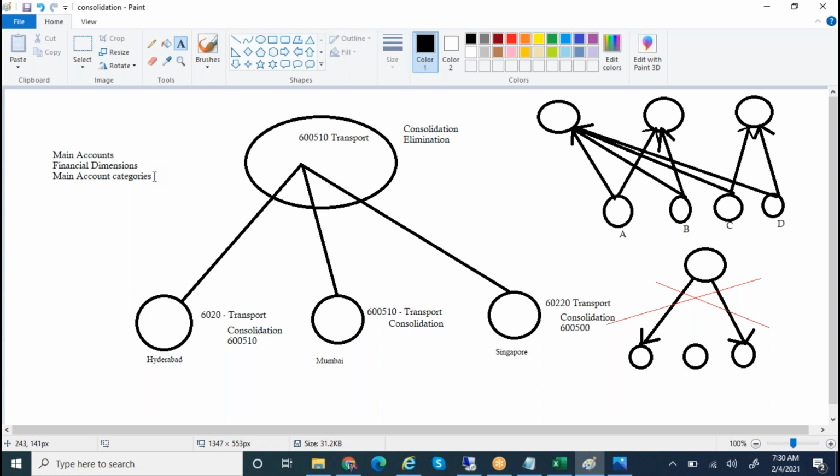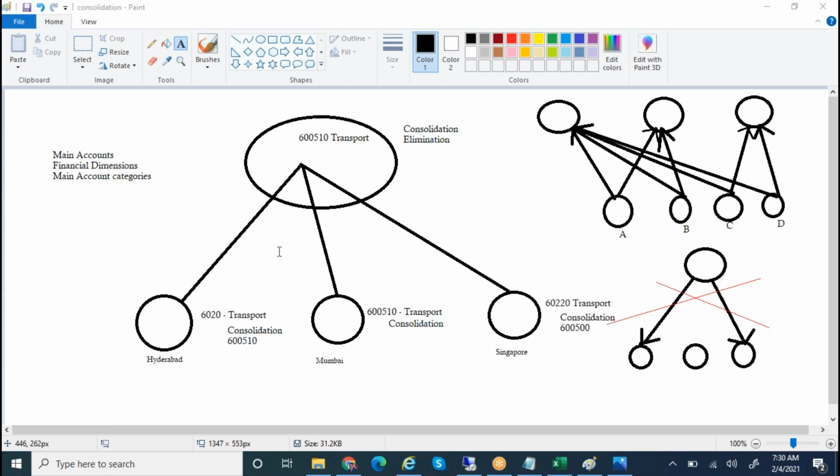Main account categories I will show you tomorrow, very simple. This I will show you practically tomorrow. This is one topic, the consolidation process. Whenever I discuss the consolidation process, I will explain the same points once again and then show you in the system.